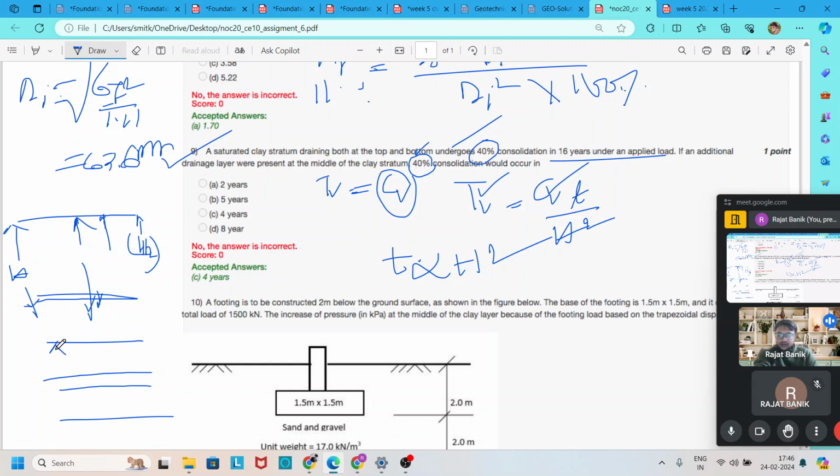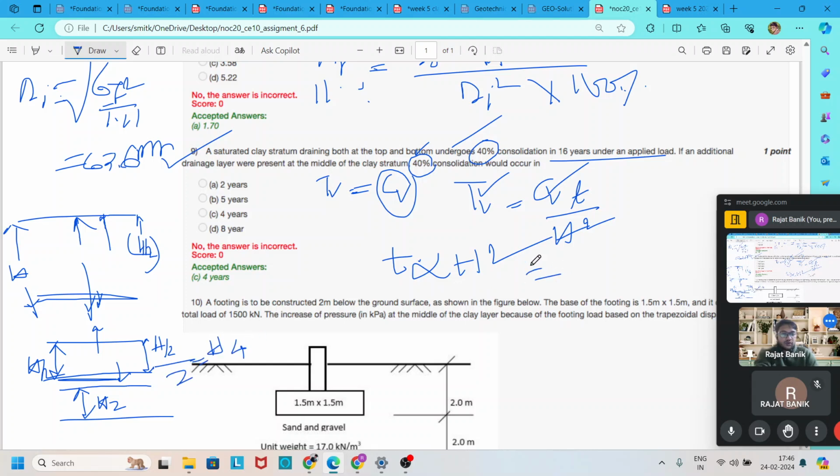So the thickness of the clay layer becomes H by 2, here also H by 2, and this drainage layer is also a porous layer and draining occurs in this direction and in this direction. So our drainage path becomes half of the thickness of the new clay layer, which is equal to H by 2 divided by 2 equal to H by 4.